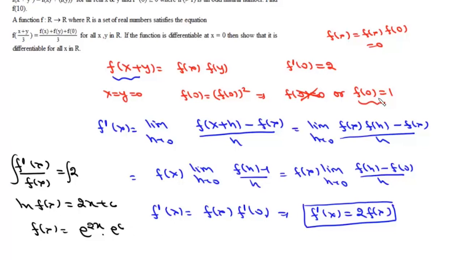Now we know that when x is 0, f(x) is 1. So if we put x as 0 and f(x) is 1, then the value of e to the power c is 1. So from here we can say our function f(x) is e to the power 2x. And that is what we need to find in this question.